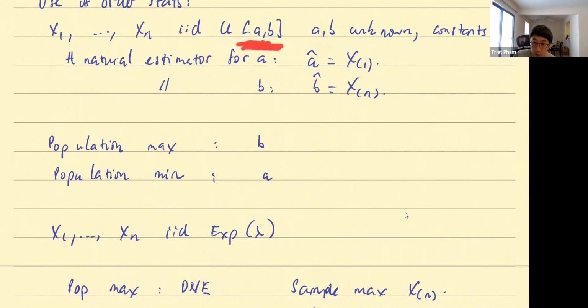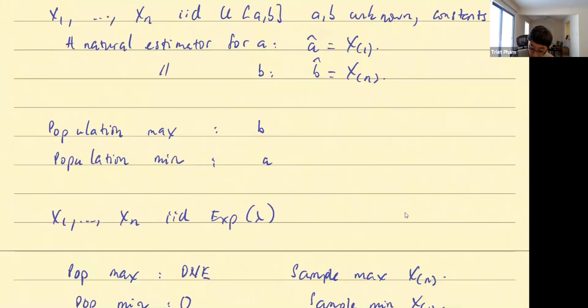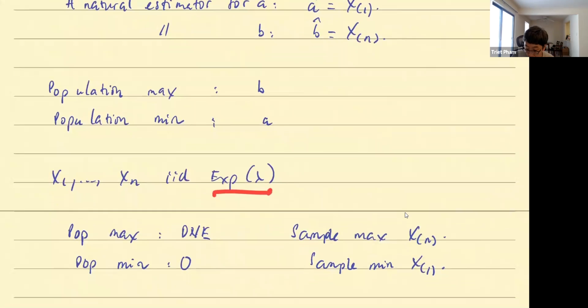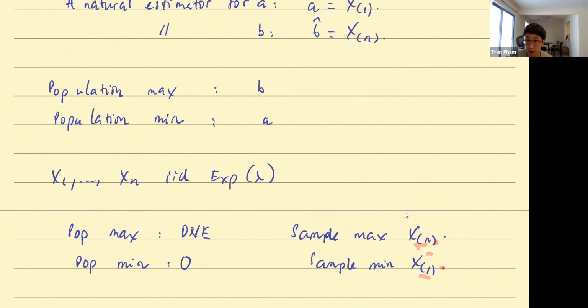Support means the values where the density is non-zero, or where the random variable takes value, where the distribution takes value. So in an exponential distribution like this, because the population min is assumed known, it's 0, probably you don't care so much about these values as statistical estimators. But of course, you can still discuss the properties of the sample max and sample min, etc. Okay.